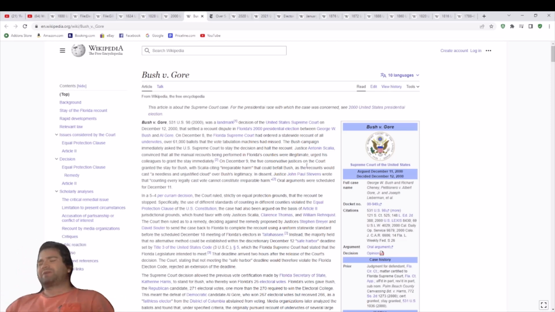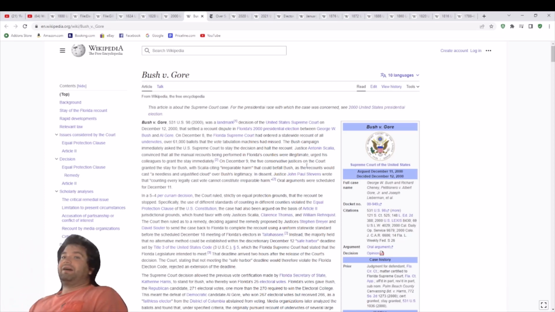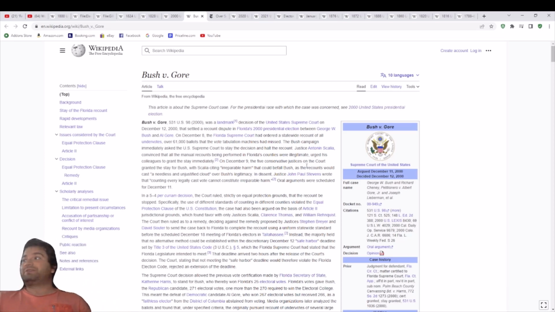It was much more complicated than that, but they basically decided that the recount couldn't happen if it didn't meet the deadline. Because, and I sort of agree with this, the law is the law. You have to follow the law. If the law says the count has to be done by this date, that's when the count has to be done by. The law may be a bad law, and they may have been able to overturn the law, but again, you come back to that problem.